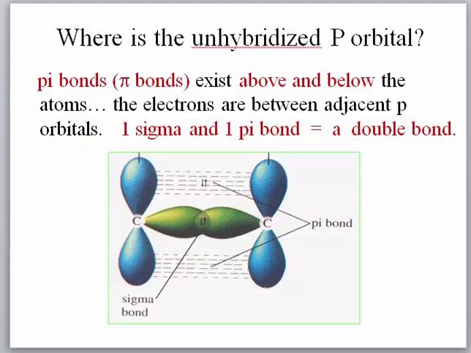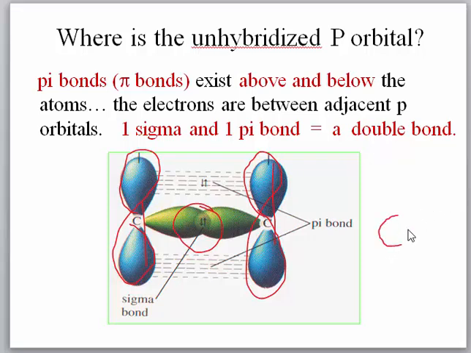So where is that unhybridized 2p? They are always perpendicular to the sigma bond. So the sigma bond is the overlap, and then these are the unhybridized. So if you're putting your carbon and carbon together, then this double bond that you draw, that's the pi bond with those electrons above and below.